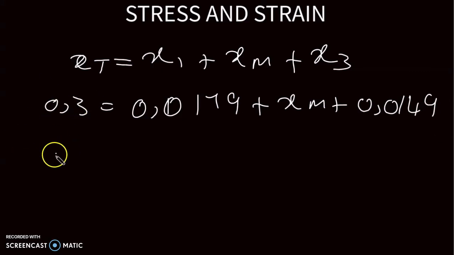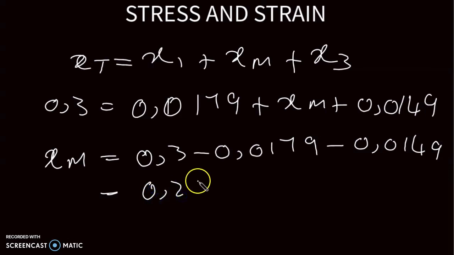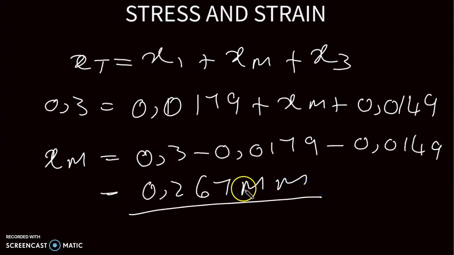And then from here, our change in length number m is 0.3 minus 0.0179 minus 0.0149, which will give us our change in length as 0.267 millimeters.